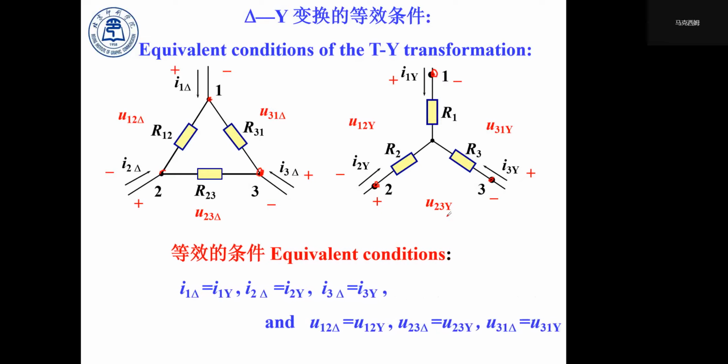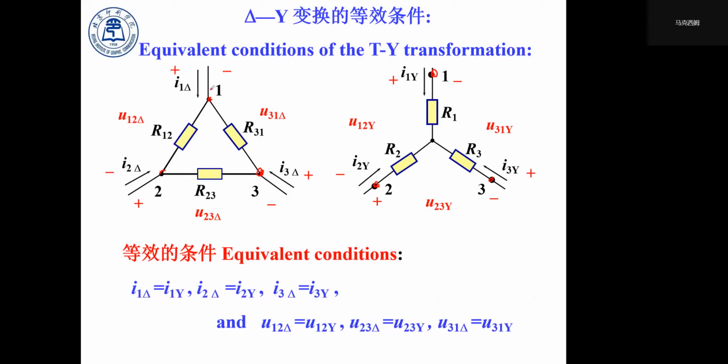So the equivalent condition, from the outside view, is that the current is identical from each terminal. So I1 delta equals I1 Y, I2 delta equals I2 Y, and I3 delta equals I3 Y. So the current on those 3 branches must be equal.